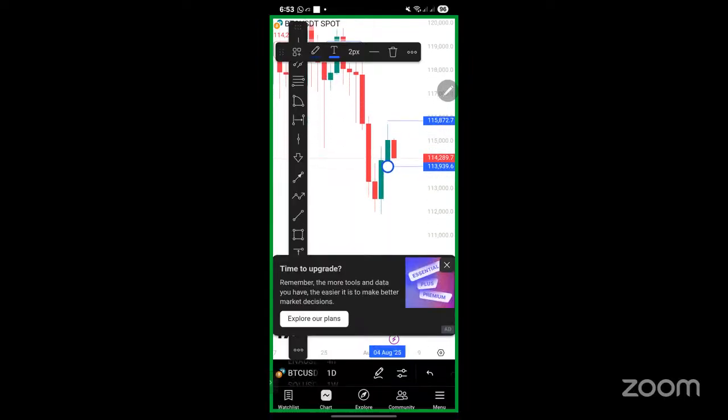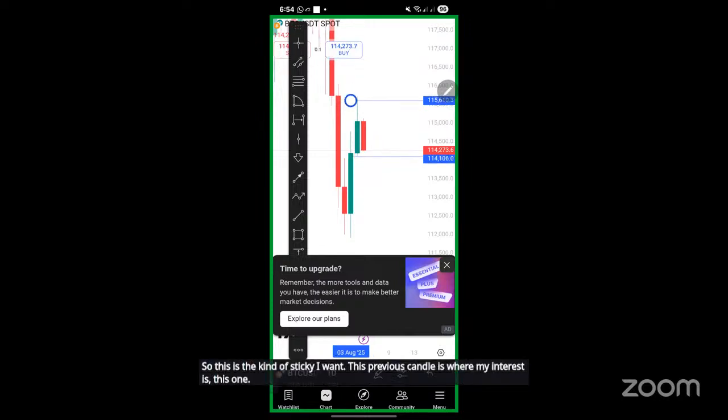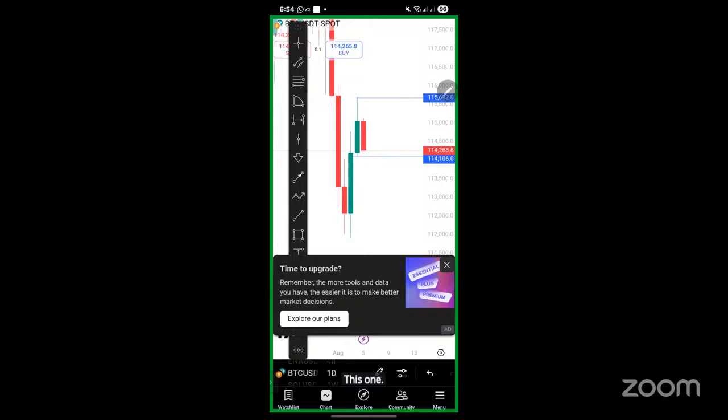This previous candle is where my interest is. So what I do, I mark its high and I mark its low.